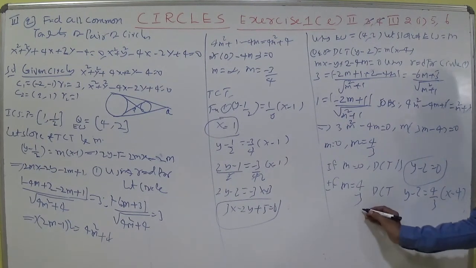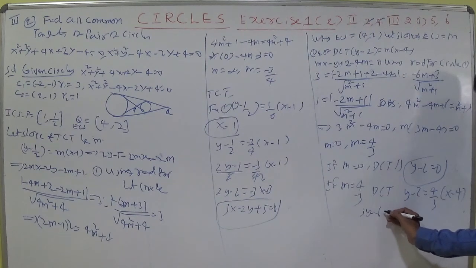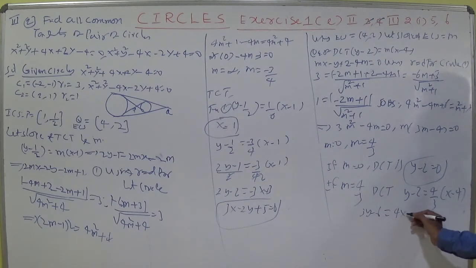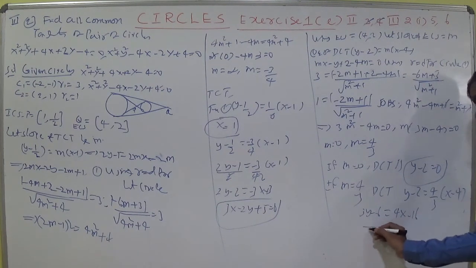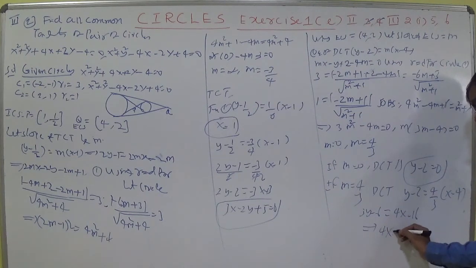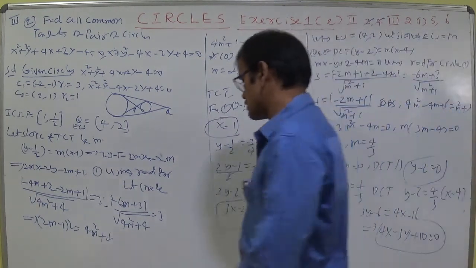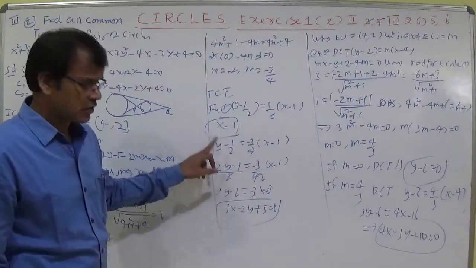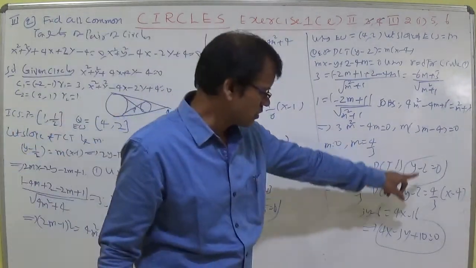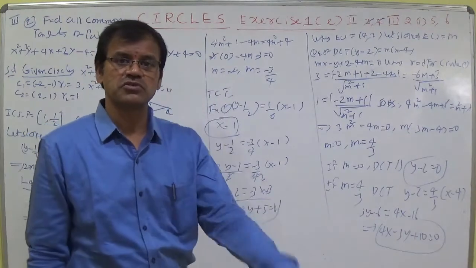Taking cross multiplication, we get 3y minus 6 equal to 4x minus 16, and you can write as 4x minus 3y plus 10 equal to 0. At last you should write, students, this is a tangent, x equal to 1 is a tangent, and y minus 2 equal to 0 is a tangent. All 4 tangents you should write.